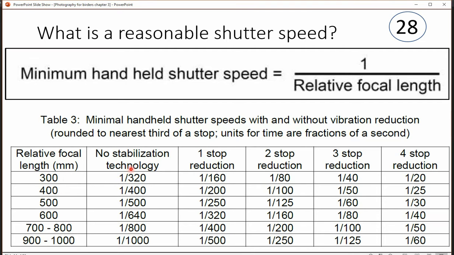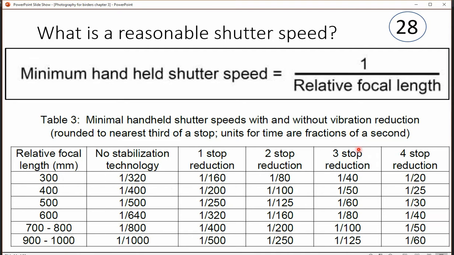If you don't have stabilization technology or it's turned off, the handheld shutter speed is going to be these values for these focal lengths. If you have vibration reduction, typically 1 stop is not a problem. 2 stops on some of the older vibration mitigation lenses is about all you could get. But modern today, you're usually getting between 3 and 4 stops.